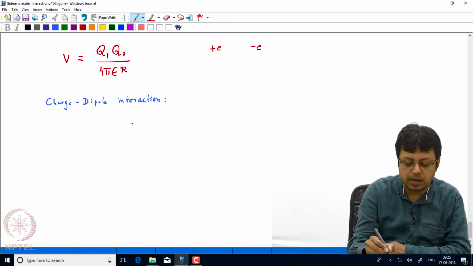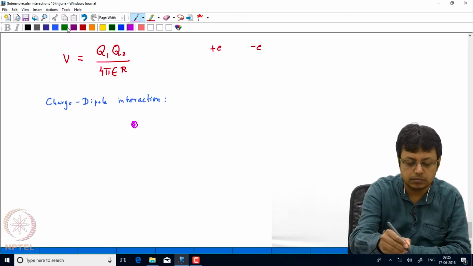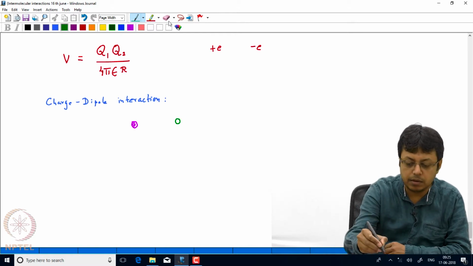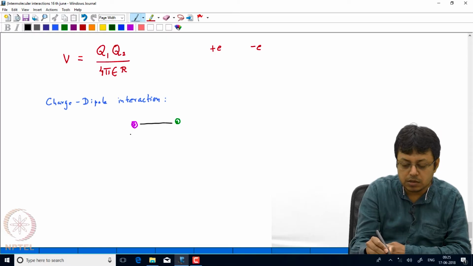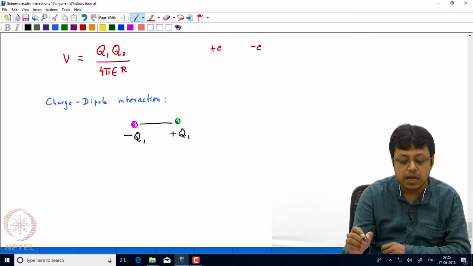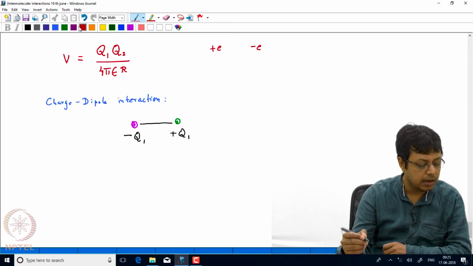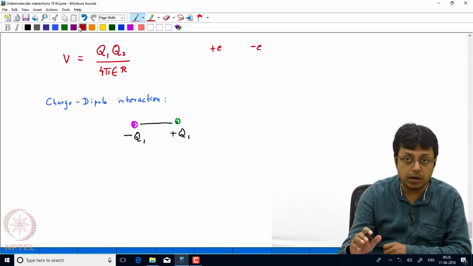For example, suppose I have the dipole like this, with a positive end and a negative end. So we have a minus Q1 charge and a plus Q1 charge, and we put a third charge, Q2, without specifying its sign right now.